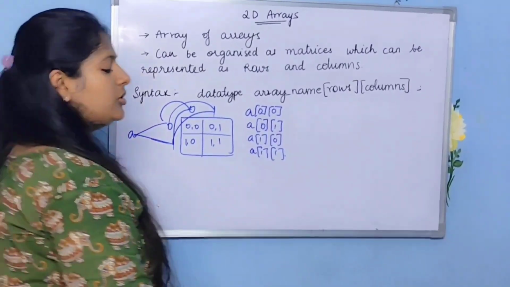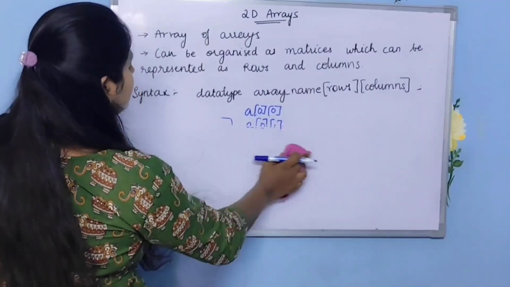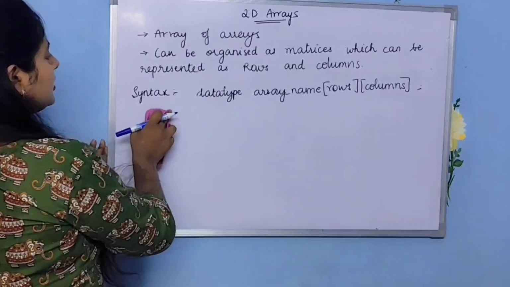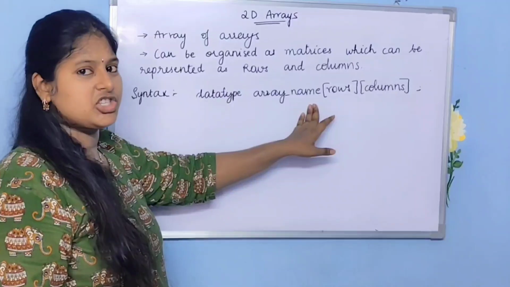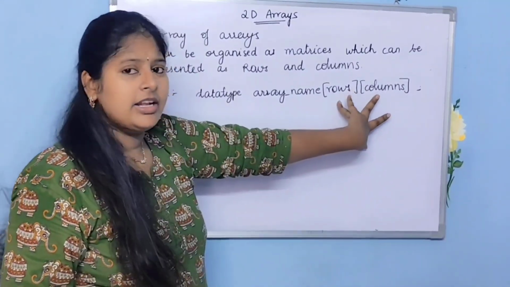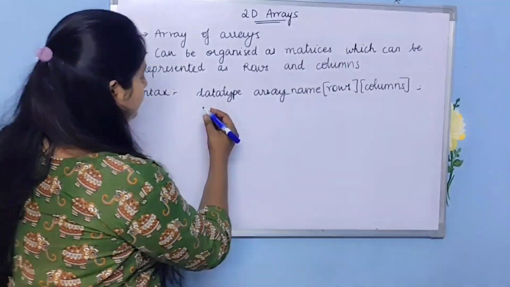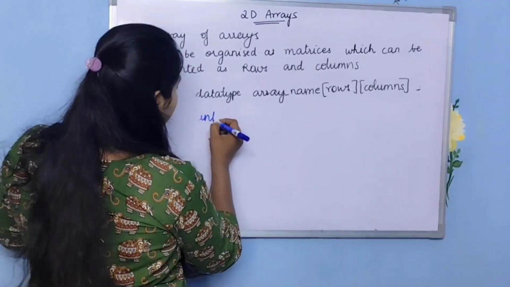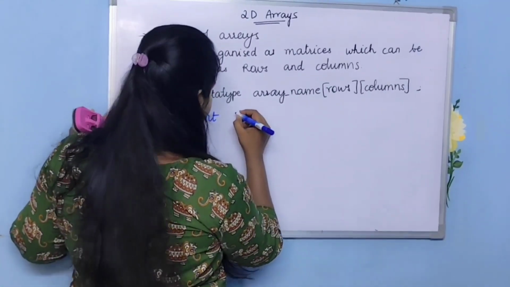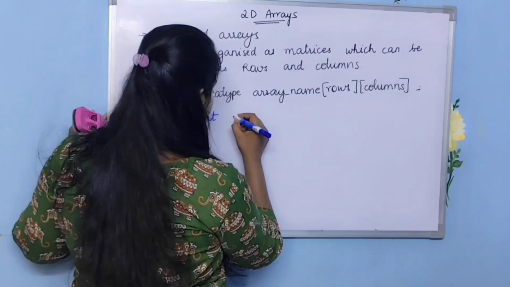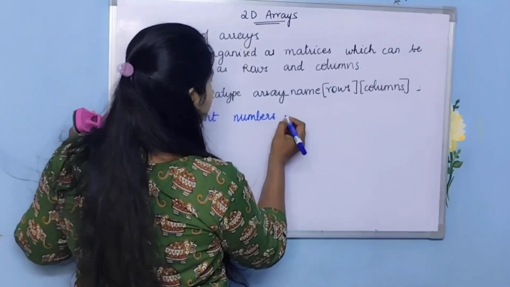Okay. I will show you how to declare 2D arrays. So, what is the syntax for 2D arrays? First, you have to write the data type and array name, just like the 1D arrays representation. And you will write the number of rows and number of columns. So, for example, my data type is int, I want to store integers. My array name is numbers.